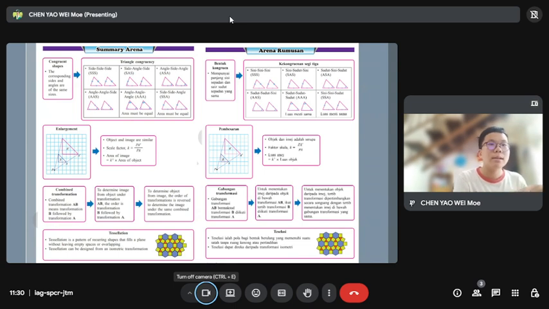Enlargement is a quite new topic for you, and combining what you learned before becomes a combined transformation. Then you know how to describe it, how to calculate the area, determine the object or image. All things you need to know, and also finally tessellation. And I hope the exercise I gave you helps you get a good score in the exam.